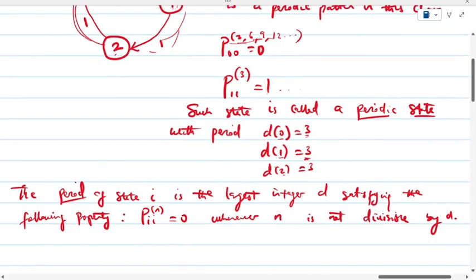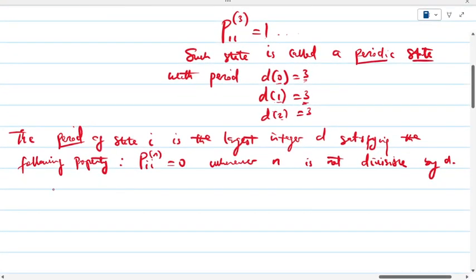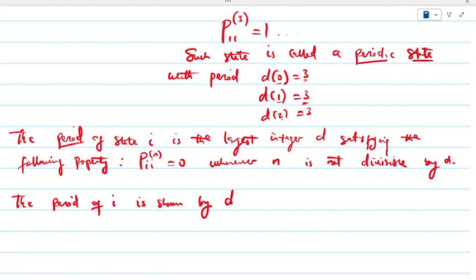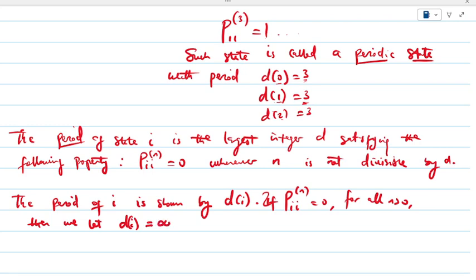So you can now write that the period of i is shown by d_i, and if the probability from state i to state i over n steps is equal to 0 for all n greater than 0, then we let the period of i equal infinity.